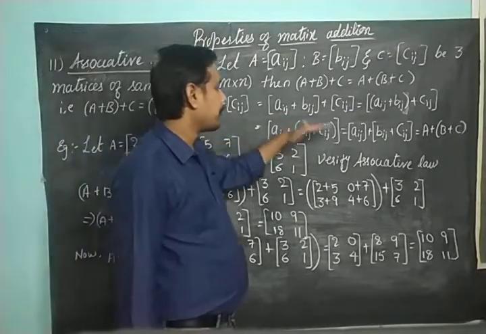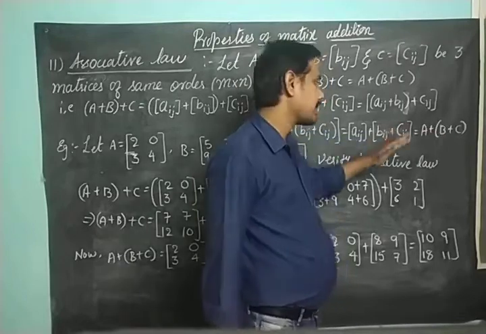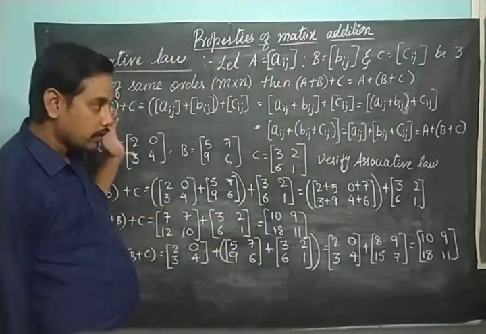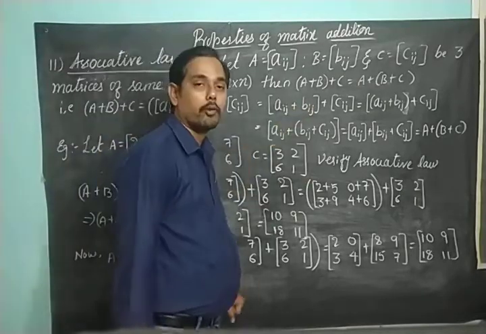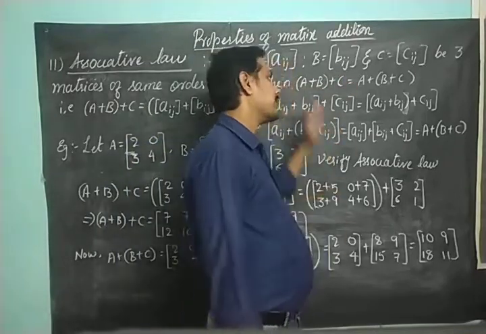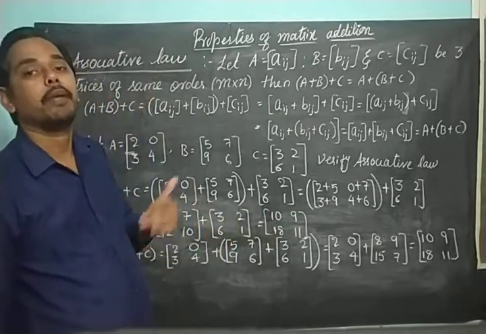Similarly, if you add, you will get these things. So this whole thing is the definition of the associative law. In simple terms, first you should perform the operation on the bracket, then simplify the other things, and you will get (A + B) + C equal to A + (B + C).